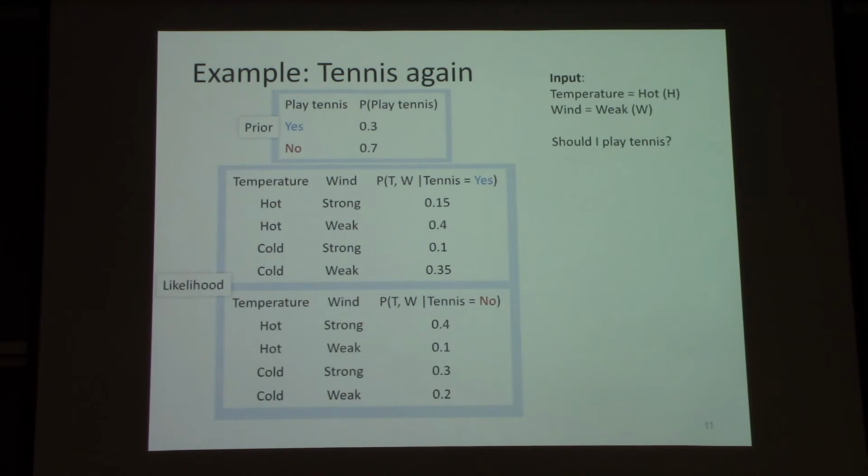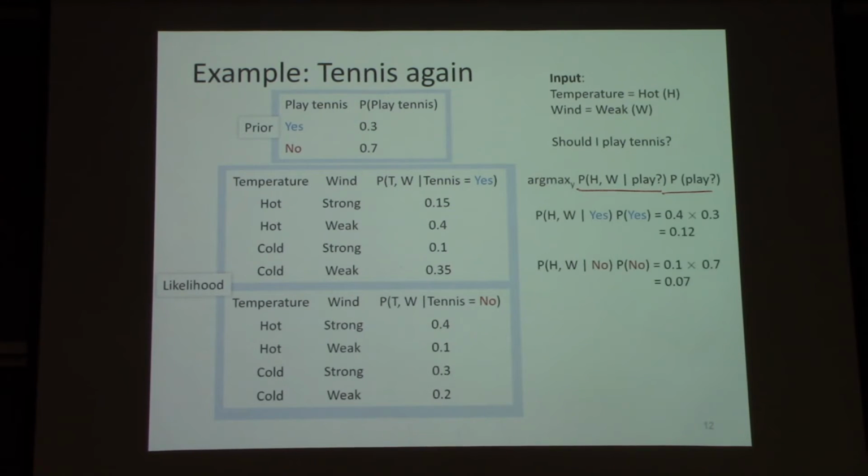And the way you do that, the MAP prediction could be the product of the likelihood and prior. You first compute the product of the likelihood and prior for every value of play tennis.